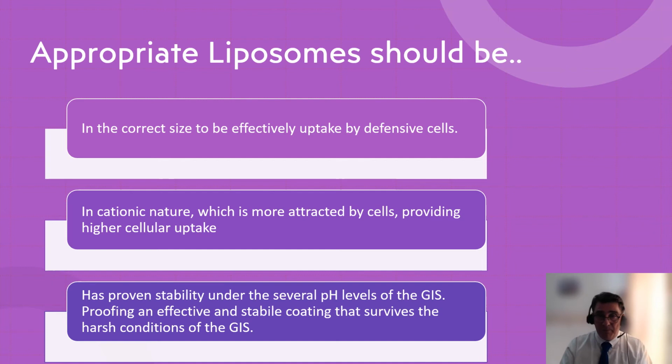But the most important aspect is they have to protect their liposomal integrity, meaning that they have to prove their stability under several pH conditions so that they can survive the harsh pH conditions of the gastrointestinal tract.